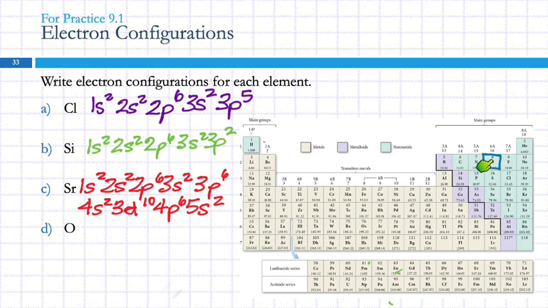That's going to be the end of its electron configuration. It's going to start with 1s2, 2s2, 2p6. And so, you can just count as you go along. 1s2, 2s2, 2p4, right? 1, 2, 3, 4.